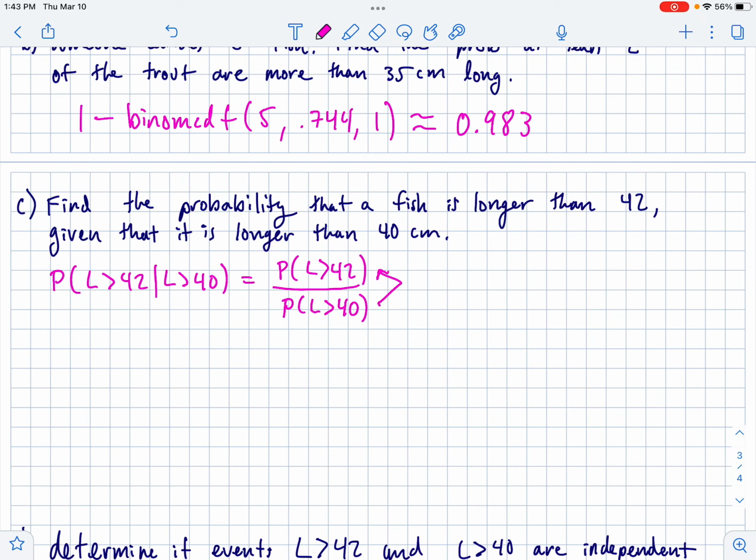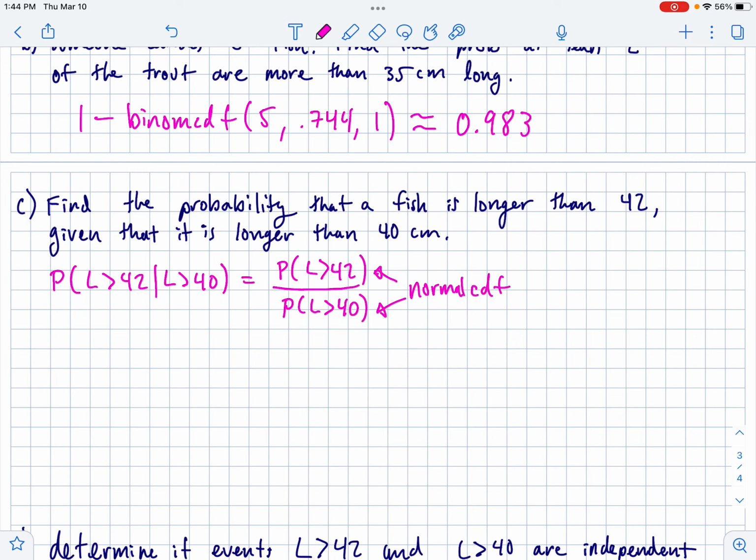So with each of these, the top and the bottom, these are each going to be normal CDFs, from 42 up to infinity and 40 up to infinity.